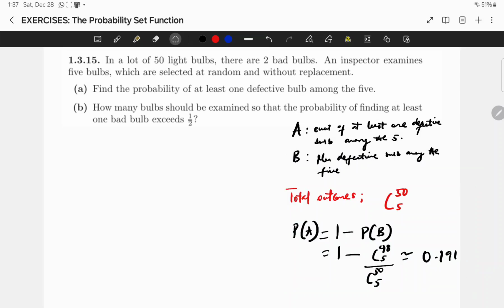The next question: how many bulbs should be examined so that the probability of finding at least one bad bulb exceeds 1/2?